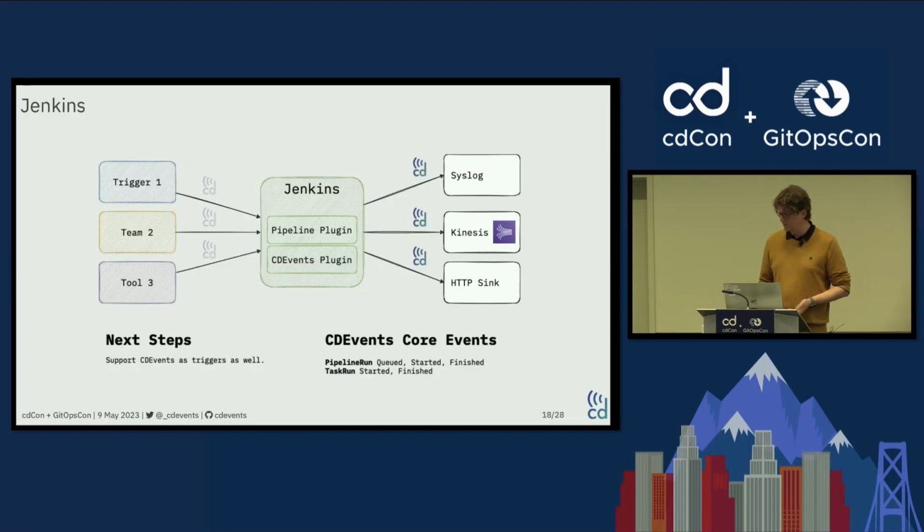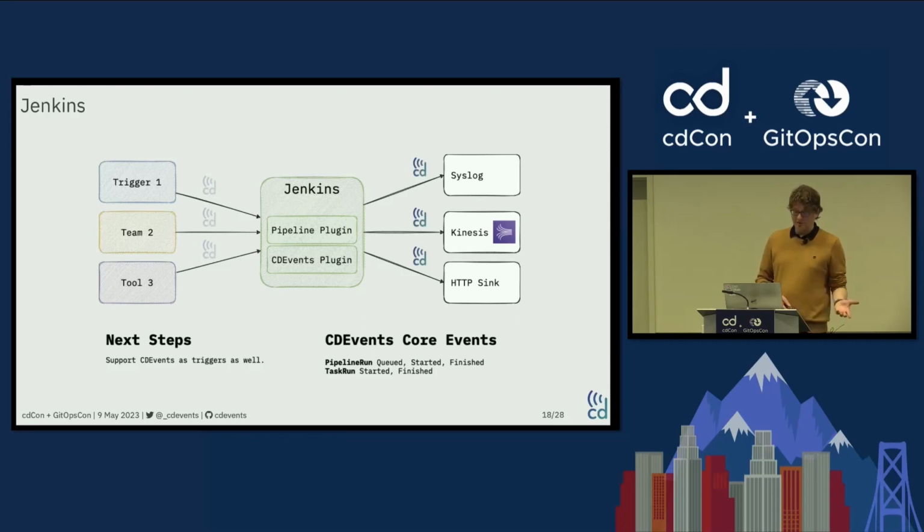And I wanted to provide some more details and examples from some of the tools that we're integrating with. For Jenkins, today we can produce CDEvents through the Jenkins plugin. Combined with the pipeline plugin, we are able to produce events from the core. So when you're running a pipeline, you can generate pipeline run queued, started, and finished types of events that can be delivered either to syslog for testing or to sinks like Kinesis or an HTTP sink, right?